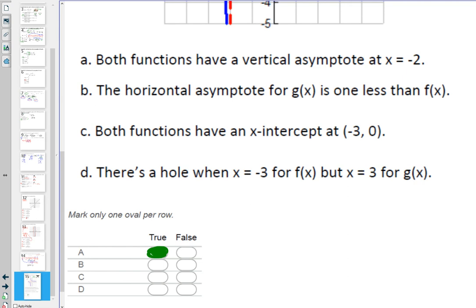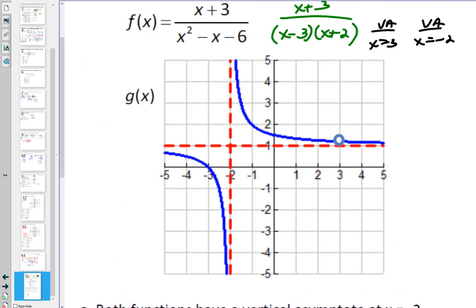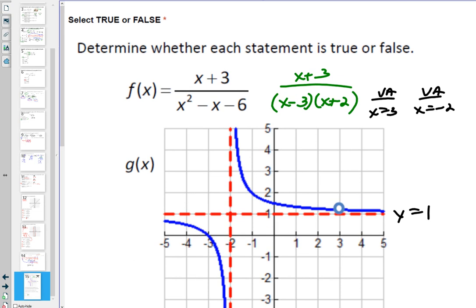The horizontal asymptote for g of x is 1 less than for f of x. Okay? So for g of x, this horizontal asymptote is at y equals 1. For f of x, where's my horizontal asymptote going to be? The bottom degree is bigger, therefore y equals 0.